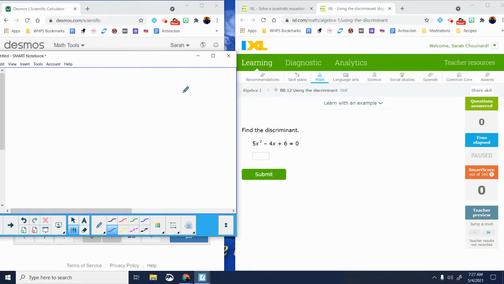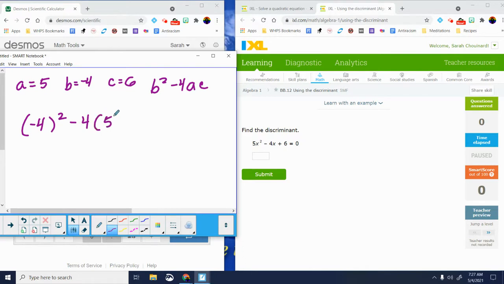So if I'm finding the discriminant, the b squared minus 4ac for this problem, a is 5, b is negative 4, c is 6. So I'm going to plug that in and get negative 4 squared minus 4 times 5 times 6.